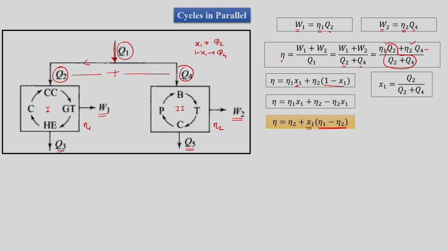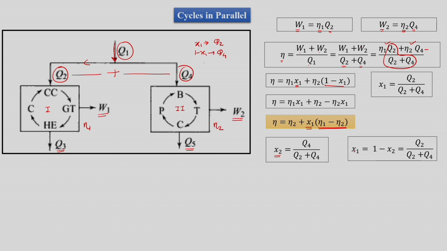So, let us keep this equation in mind and then derive it again for the coefficient x2. The same expression eta we will derive with respect to coefficient x2, and we know that x1 is equal to 1 minus x2.